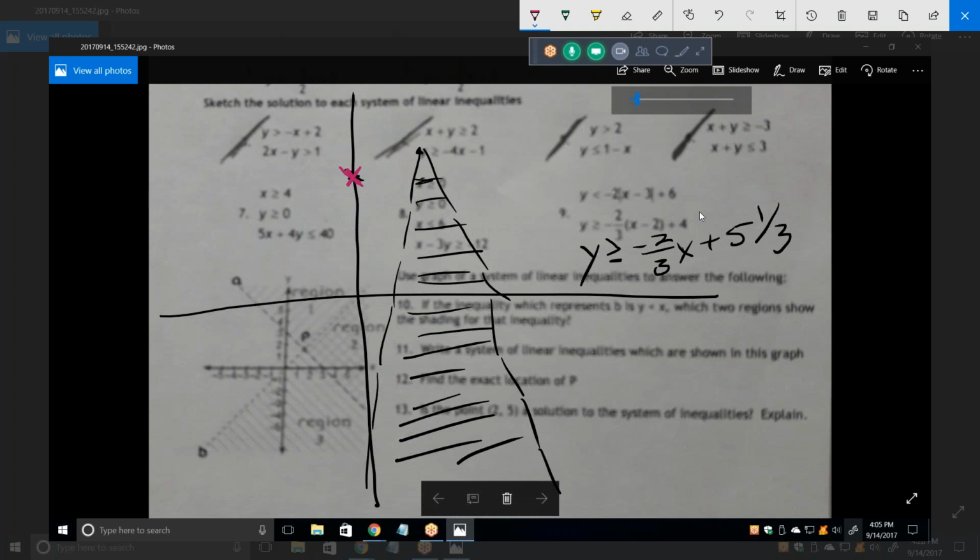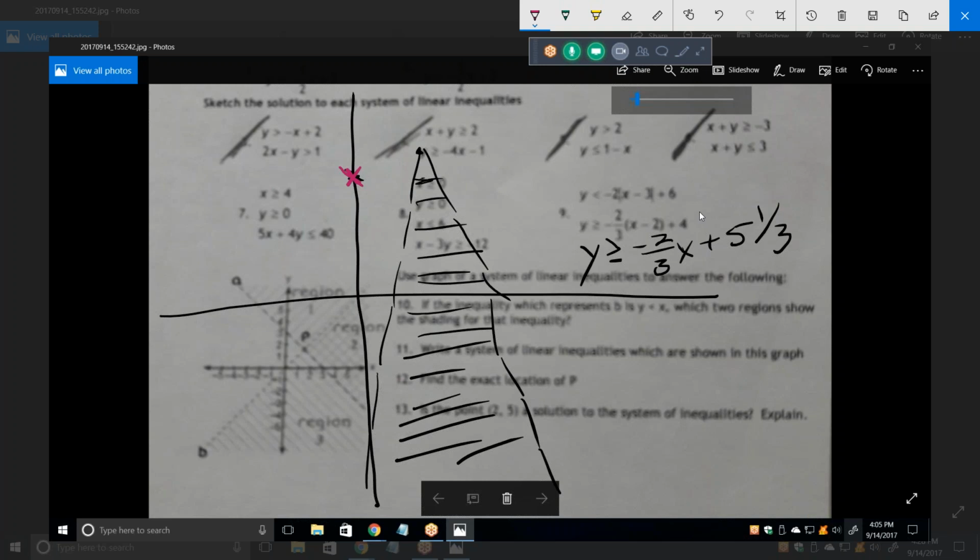Without fail, every single student I get, 100% of them, uses the terminology up and over or down and over. That's not enough. If you're going to go down, then you got to go to the right. It's not over, it's to the right. If you have a positive slope, then you got to go down and over to the left. You just got to make sure you end up with the right sign on the slope.